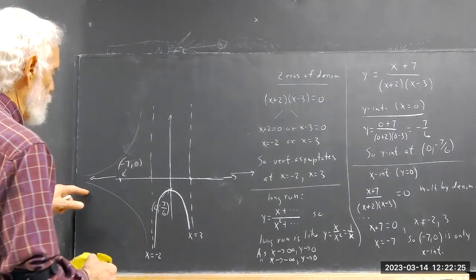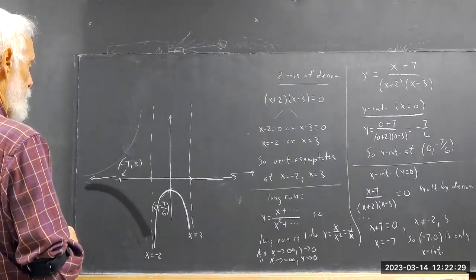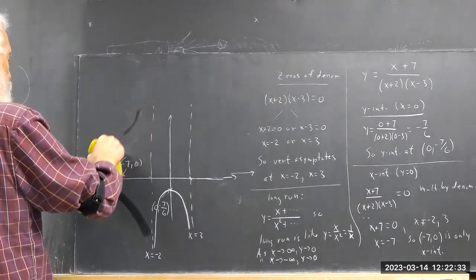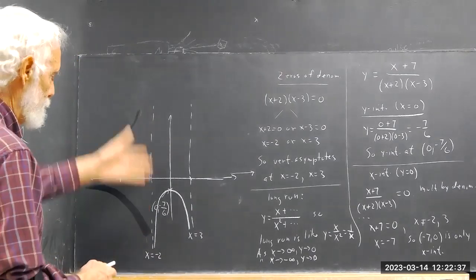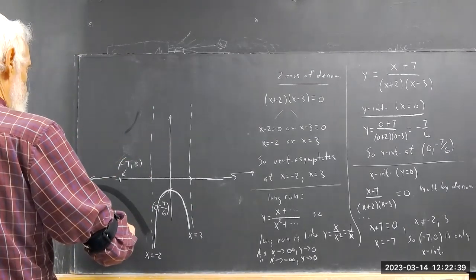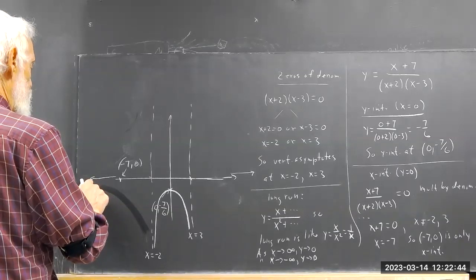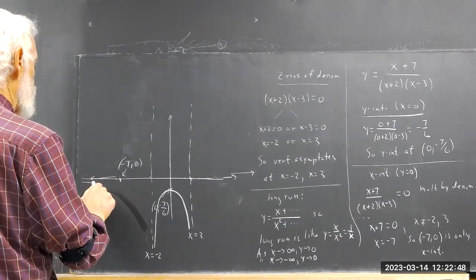I'll explain how I knew it could be like this. Doesn't have to be odd here. All right, so what happens is we come along here below the x-axis.